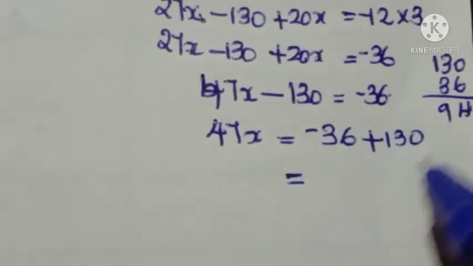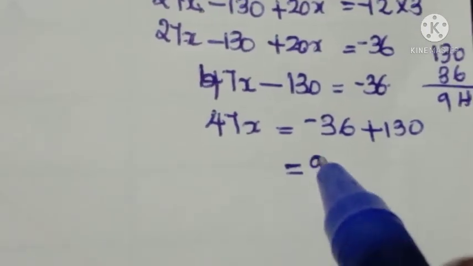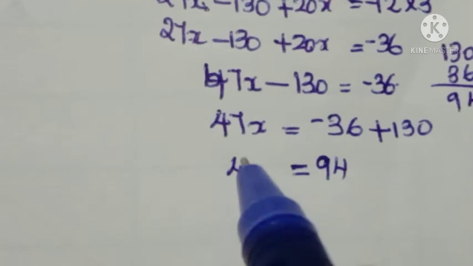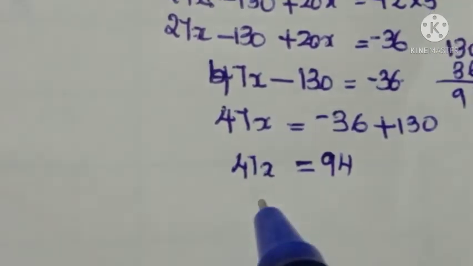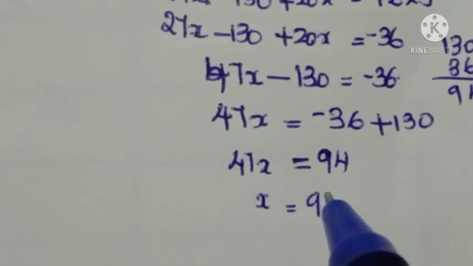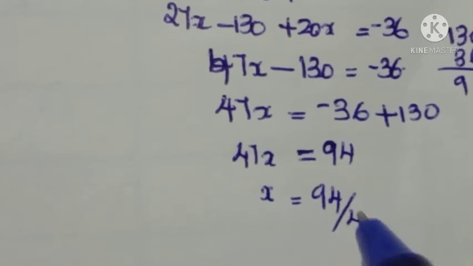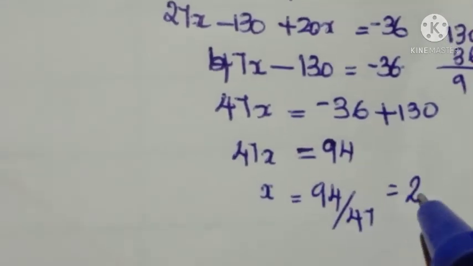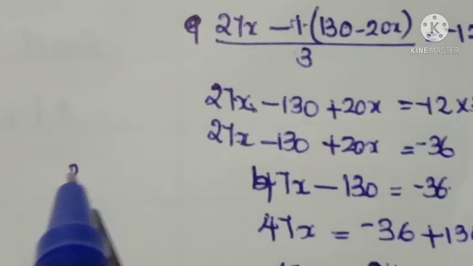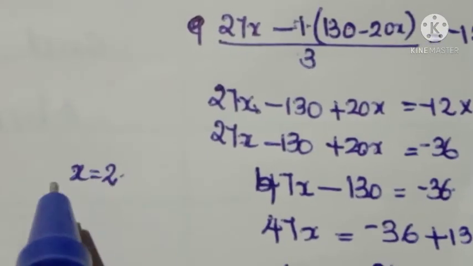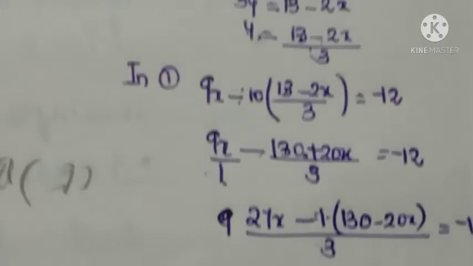This gives 94. So 47x equal to 94. So what is x? x equal to 94 by 47. This is 2. So x equal to 2. Okay, x equal to 2.